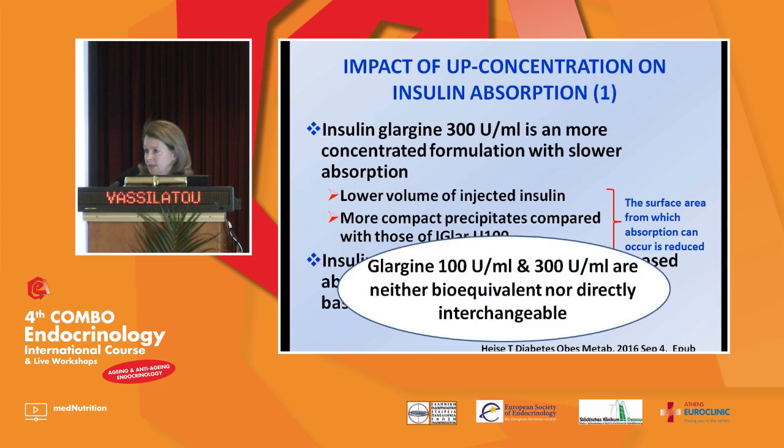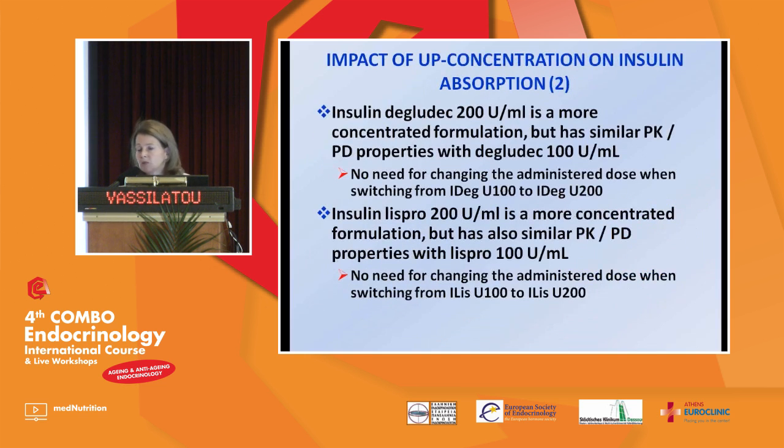However, because of these differences, insulin glargine 100 units per ml and 300 units per ml are neither bioequivalent nor directly interchangeable, which means that dose adjustment should be done when switching from one preparation to the other. Up-concentration of insulin preparations may also have no impact on insulin absorption, as is the case for insulin degludec 200 units per ml, which is also a more concentrated formulation, but has similar pharmacokinetic and pharmacodynamic properties to degludec 100 units per ml.